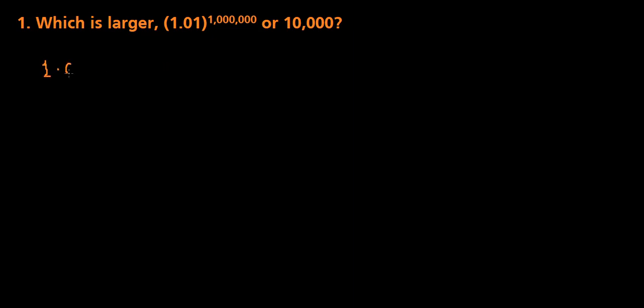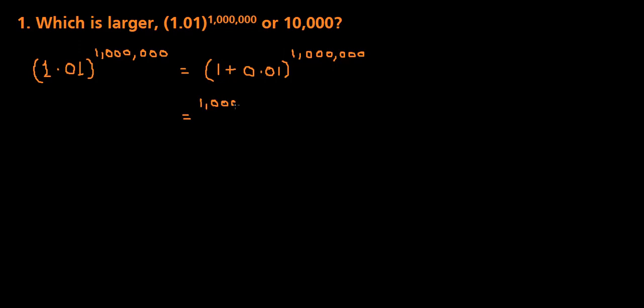So we start by writing 1.01 raised to the power of 1 million. Now 1.01 can be rewritten as (1 plus 0.01) raised to the power of 1 million. Now we expand it using the familiar binomial theorem.